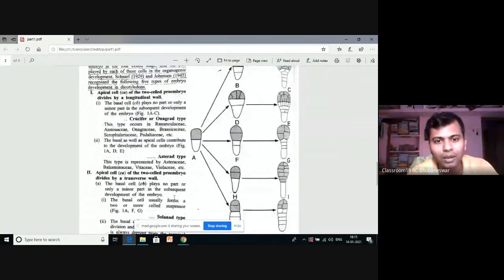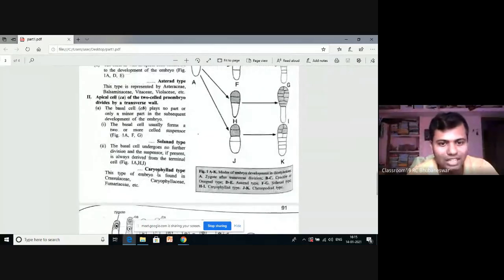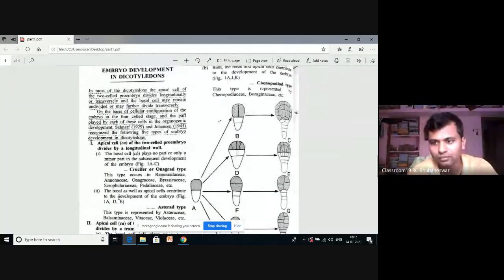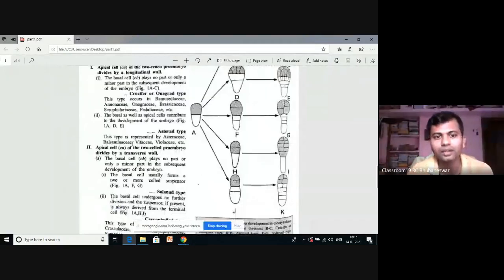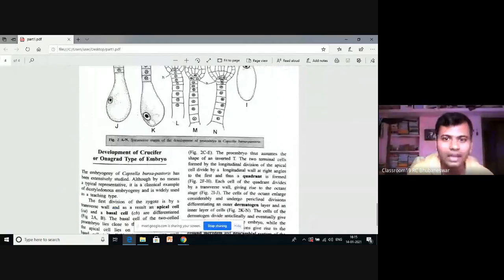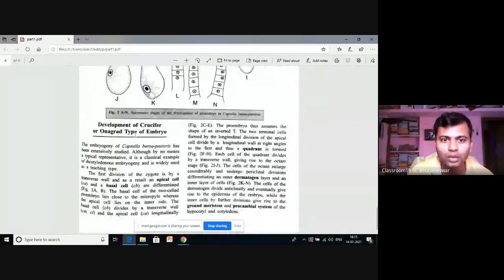Caryophyllad type, the family Caryophyllaceae, and then the Chenopodiad type. We can have a clear idea when we discuss embryo development by taking an example.